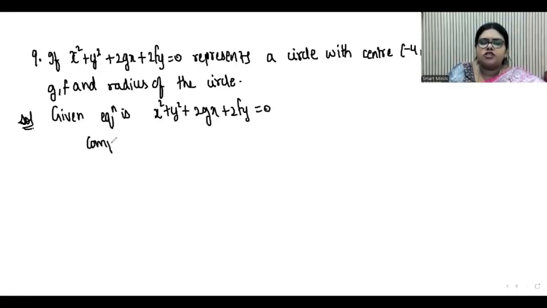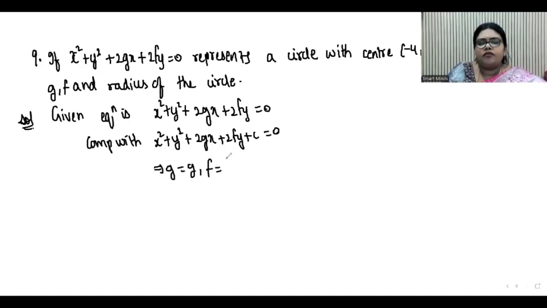Comparing this equation with the general equation, what is the general equation? x² + y² + 2gx + 2fy + c = 0. So in the place of g you have g, in the place of f you have f, and in the place of c you have 0.